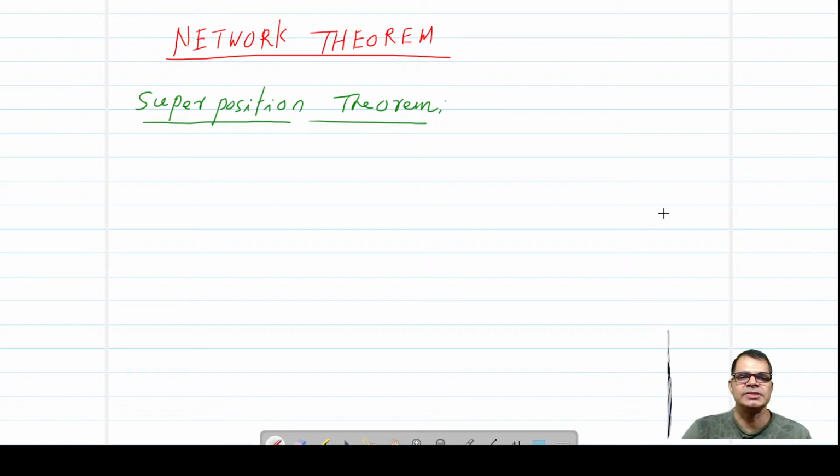Superposition theorem is the direct result of linearity.